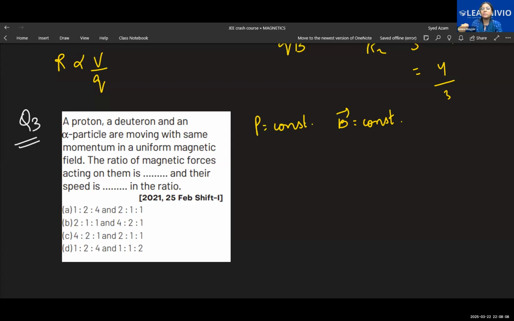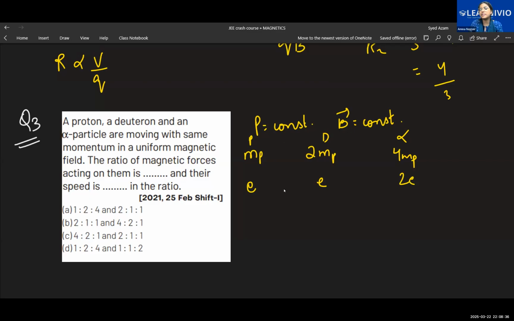When you're talking about their masses ratio, if we talk about the mass of proton, it's mp. Mass of neutron is double of it, 2 mp. This is for proton, this is for neutron, and for alpha particle, I've already told this is 4 mp. Regarding the charges, this is same E, this is also same E, and this is double.